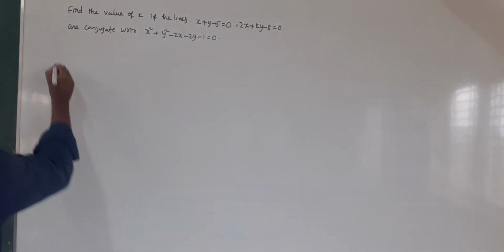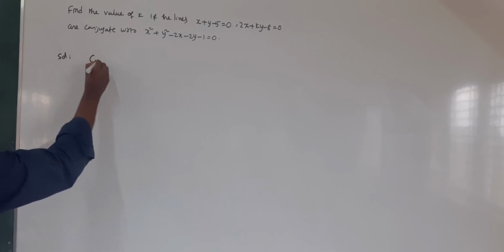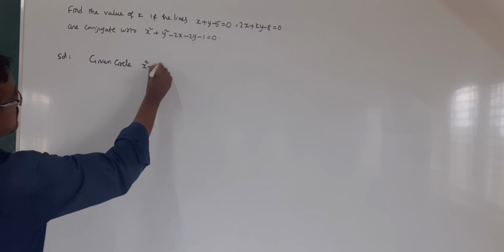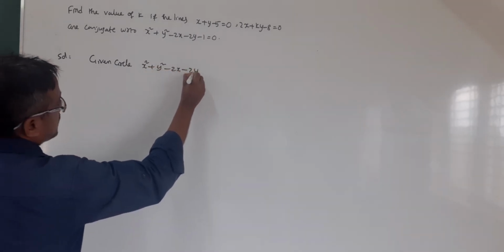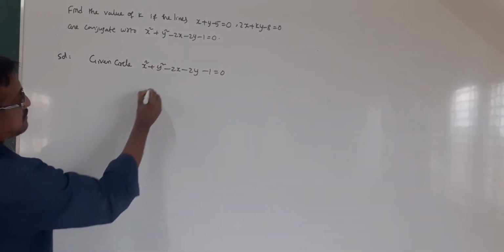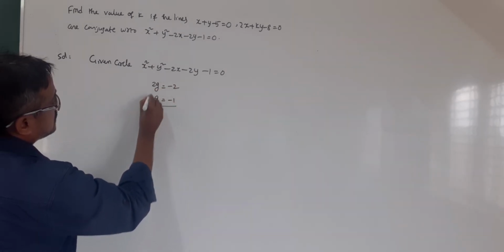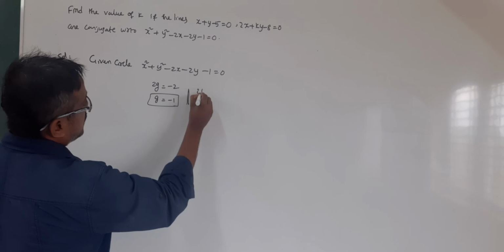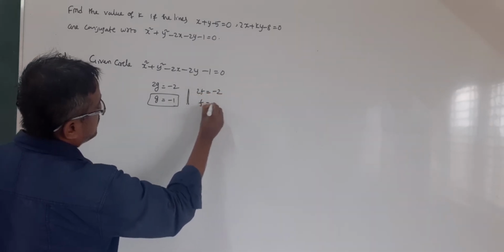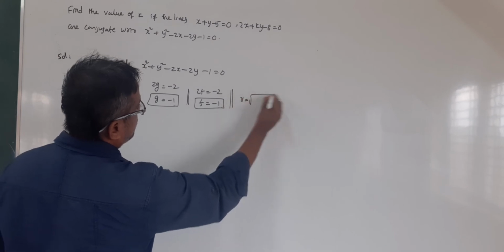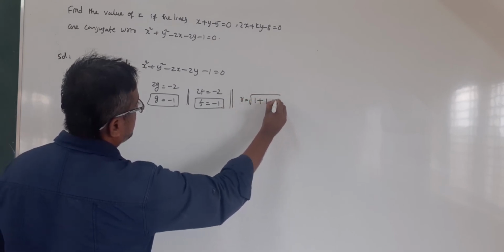So given circle x square plus y square minus 2x minus 2y minus 1 equal to 0. Here 2g is equal to minus 2, g is equal to minus 1, 2f is equal to minus 2, f is equal to minus 1, and r is equal to root of 1 plus 1 plus 1.